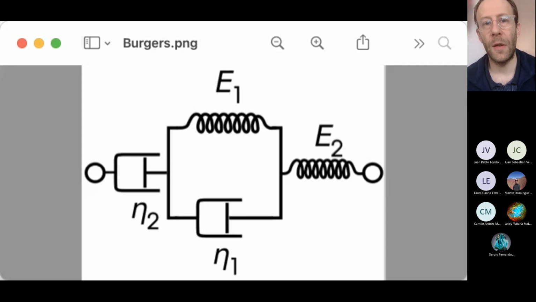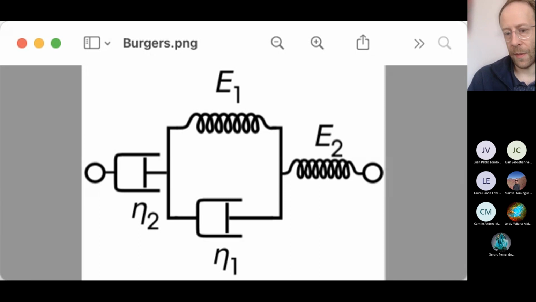So when you see a model like this, what would be your first step in order to find the constitutive relationship?